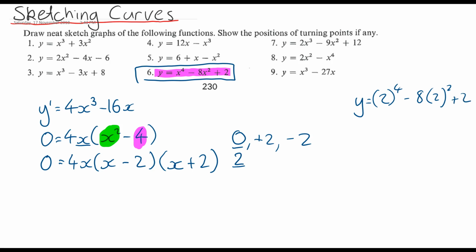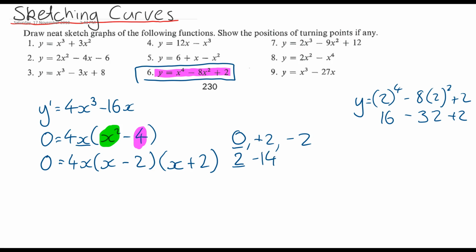2 to the 4 is 2, 4, 8, 16. Minus, and then 2 squared is 4. 4 eighths are 32, and that's a minus, plus 2. And then 16 minus 32 is minus 16 plus 2, minus 14.